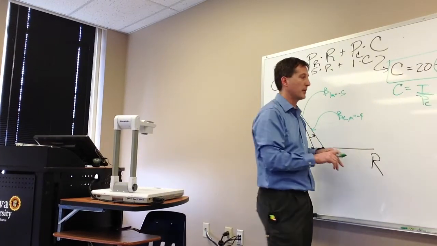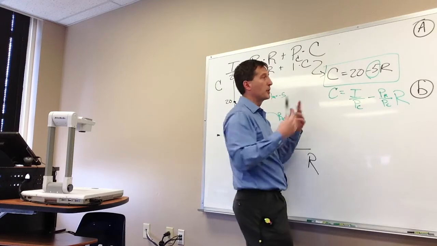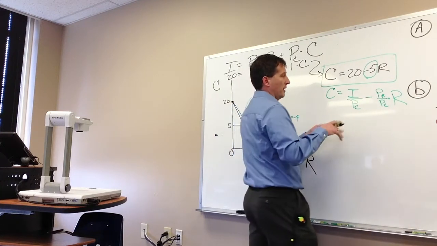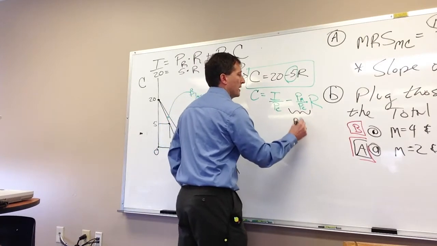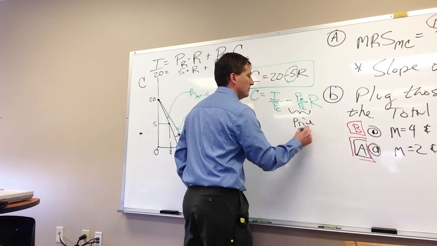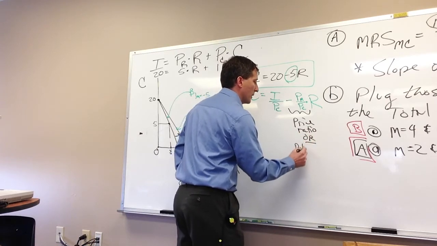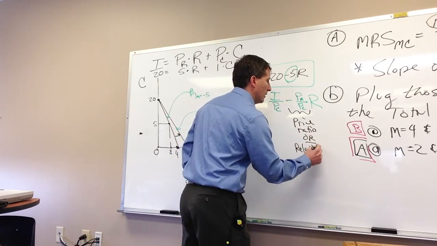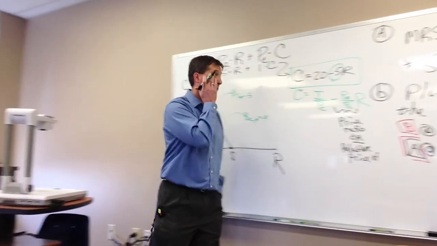That might be helpful in some other problems where maybe you want to bring in the marginal rate of substitution. Well, in equilibrium, this is called the price ratio. Or you can also think of it as the relative price of what?